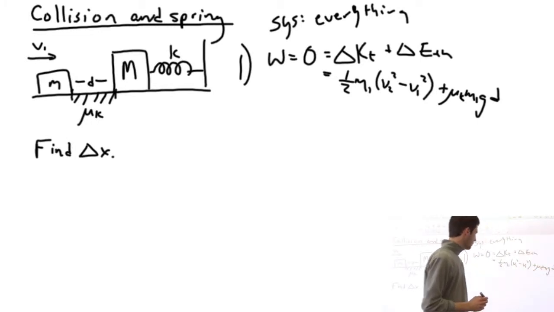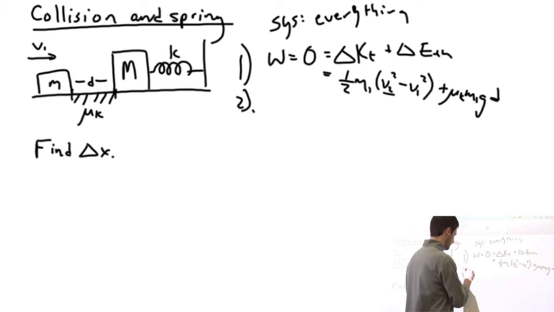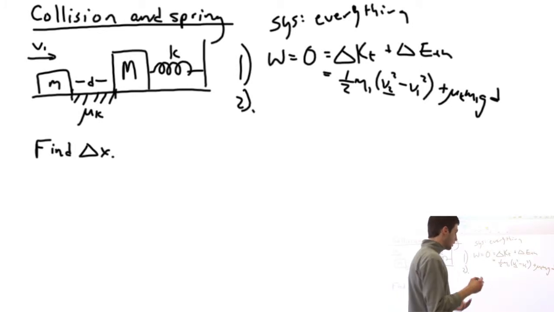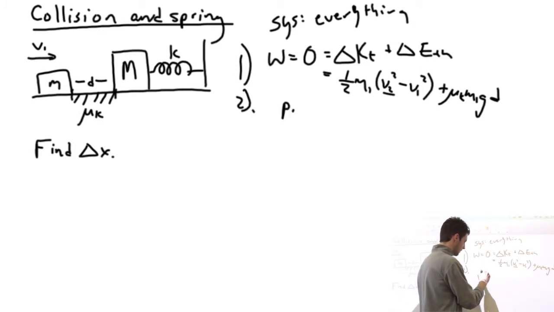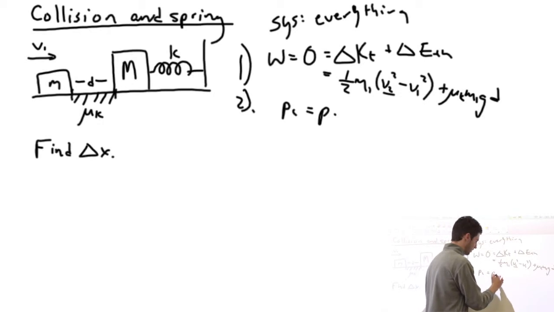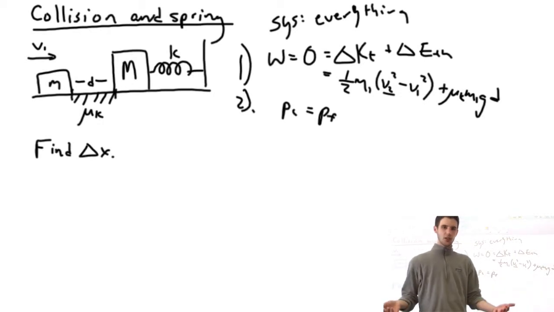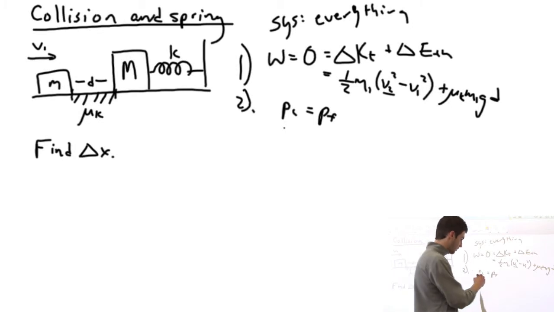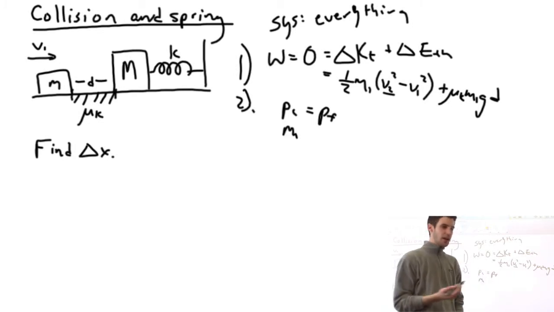So at this point, I can solve this for v2, and I've got a new speed. Now what I can do is say momentum is conserved for region 2. P initial of the system equals P final, and my system is still everything, which in this case is really just block 1 and block 2. P initial is the mass of the first one, m1, because it's coming in at a speed v2.